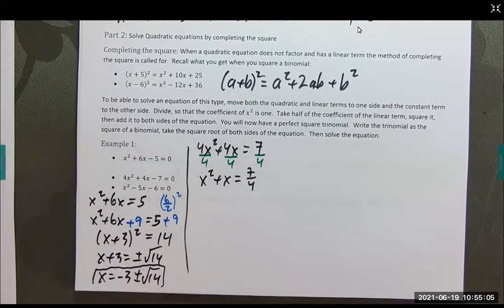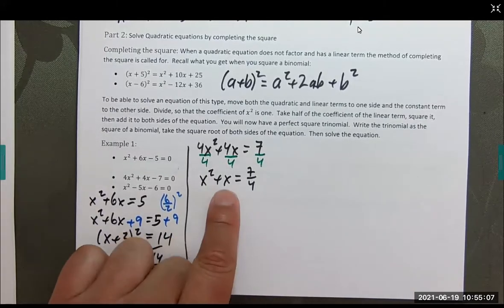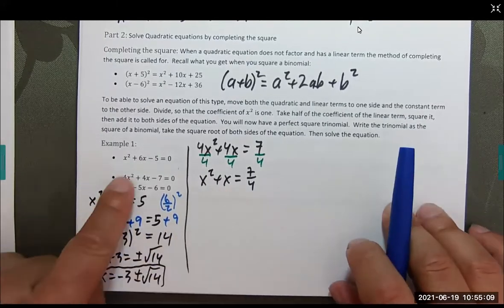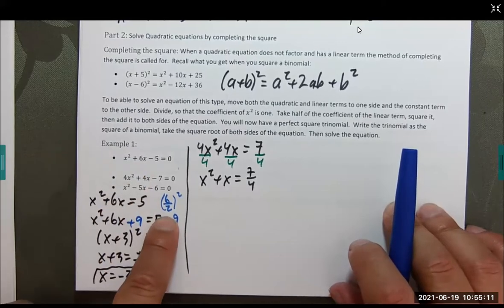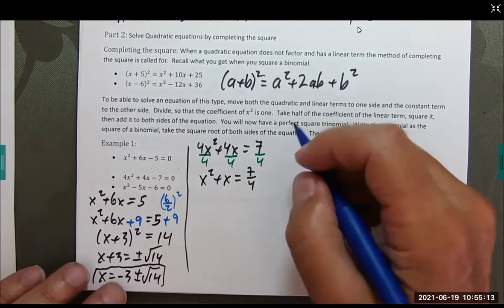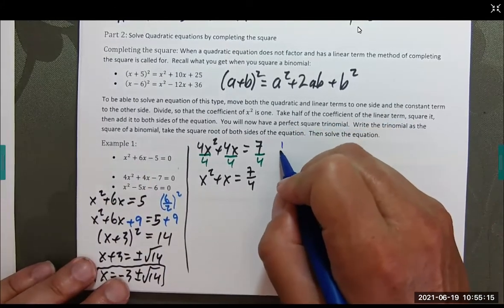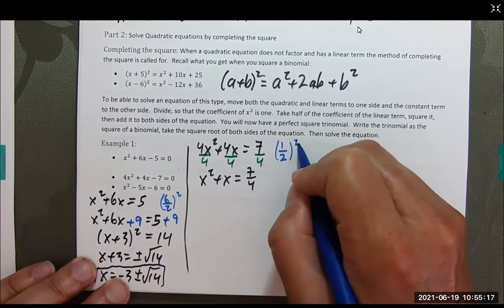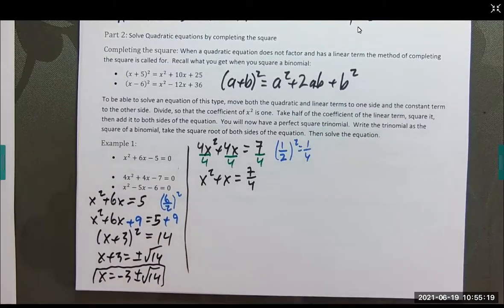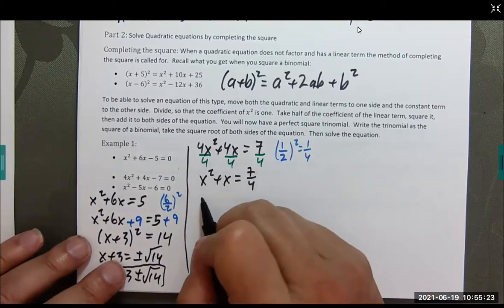And I'm going to do the same trick I did before. That coefficient there is now a 1. Now, when it's even, it's easy to cut it in half. When it's not even, you got to be careful. So I'm going to take the 1, I'm going to cut it in half, and I'm going to square it. So in reality, I am adding a 1/4 to both sides of the equation.